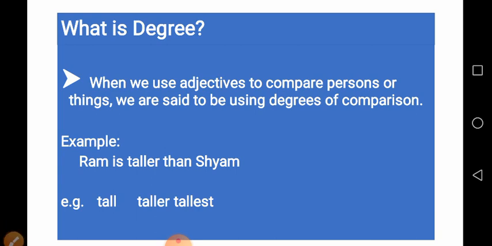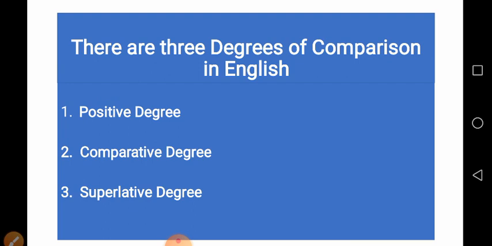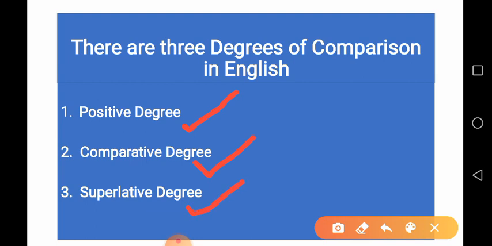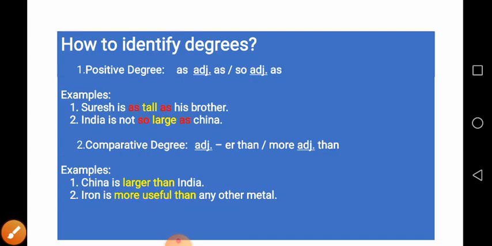Yes. Now, next, see here, as I have told you, there are three degrees in English. The first is positive degree, the second is comparative degree, and the third is superlative degree.